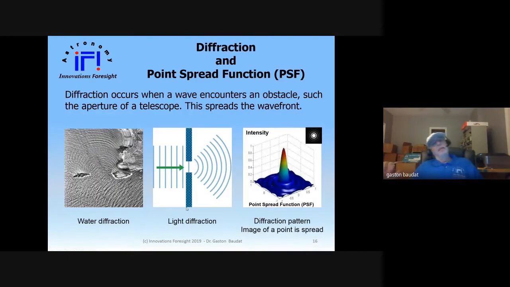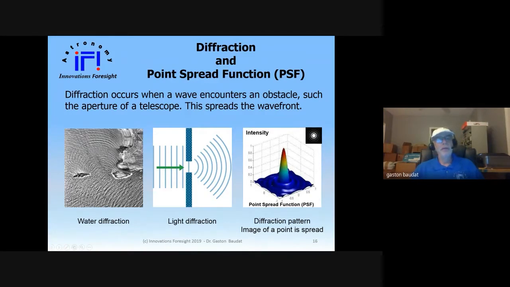Okay, the reality is you have another effect, which is a fundamental limitation of any imaging system: the diffraction effect. That's all about the wave nature of light, and you couldn't explain this if you used only ray tracing. You see that on any wave, like a wave on the water.